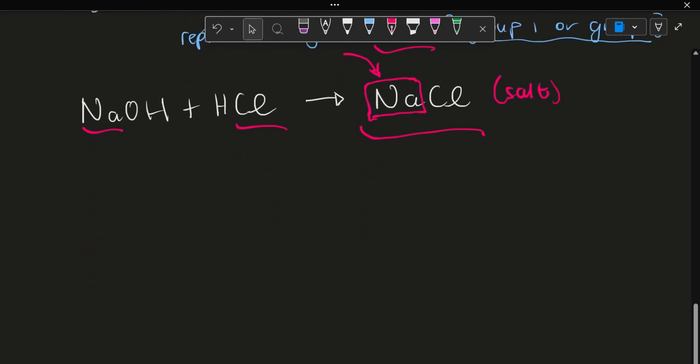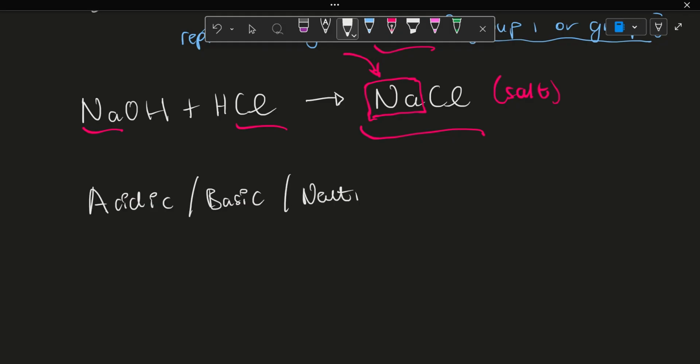Okay, so that is what we define a salt as. What you need to know is that during the hydrolysis of a salt, remember, hydrolysis is the reaction of a salt with water, we are basically forming a salt that is exactly one of three things. It can be acidic, basic, or neutral.